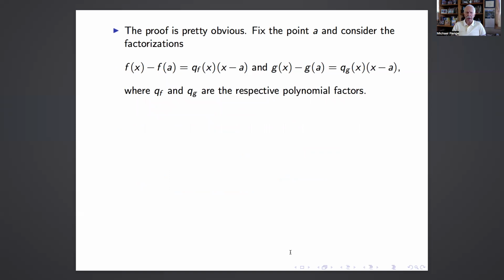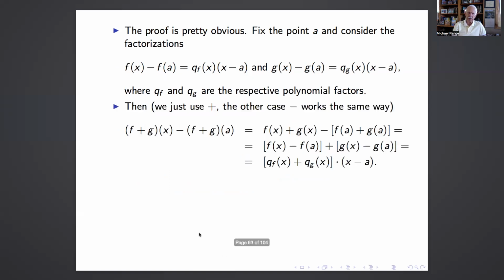Let's fix the point a and consider the two factorizations. The respective polynomial factors are q sub f and q sub g. Let us just use the plus case, addition. Then f plus g at x minus f plus g at a is, of course, f at x plus g at x minus f at a plus g at a, and you can rearrange this.